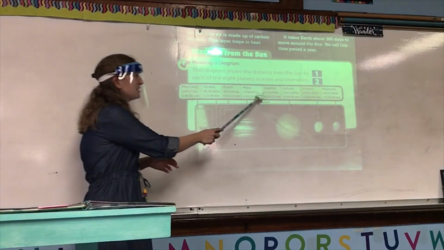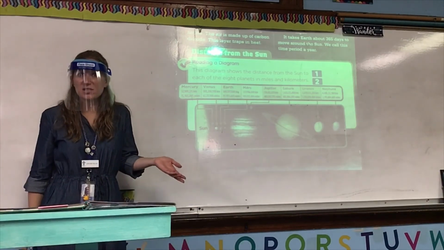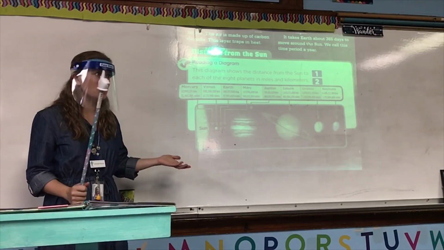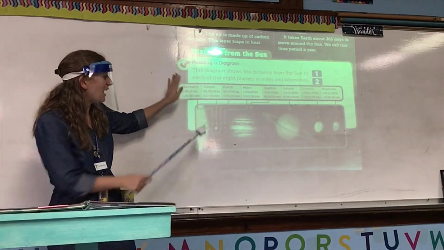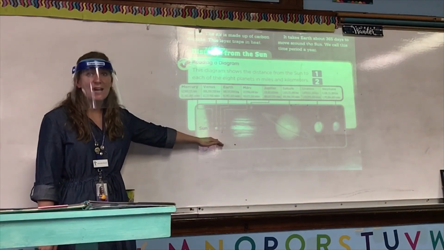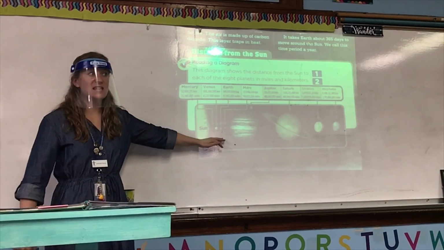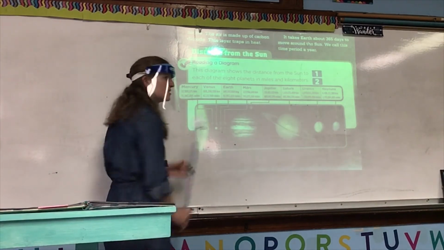The main purpose of this diagram is to tell us how far each planet is from the sun. But it also tells us the order of the planets from closest to furthest.